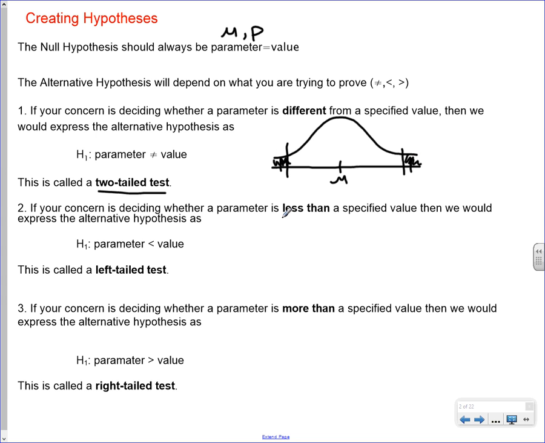If you're just wondering about less than, then you would use the less than sign, of course, and this is called a left tail test because you're only concerned with the left tail. You're only looking at low values, right? If you're looking at more than, of course, that would be a greater than, and that would be a right tail test because we're only concerned with these high values over here, okay?